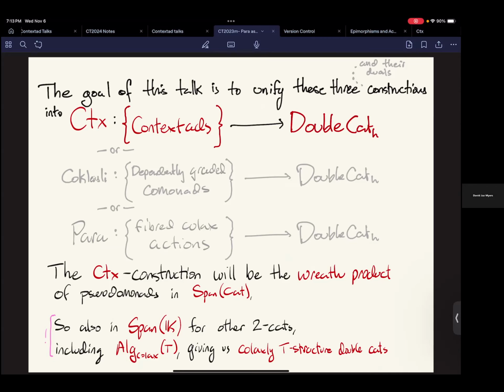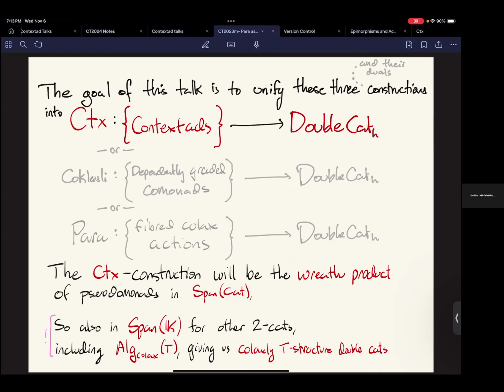We're going to supply it with what we could call a dependently graded comonad. So both dependently graded comonad and fibered colax action are just other names for contextad. And because we had these two different intuitions, we wanted to come to this general name that didn't bias us towards one or another intuition while we were writing.